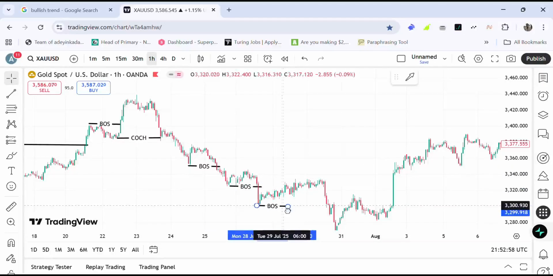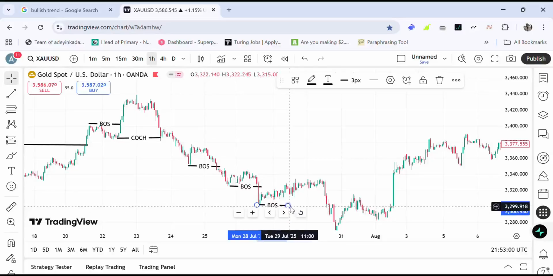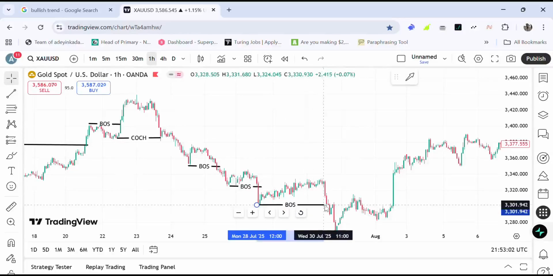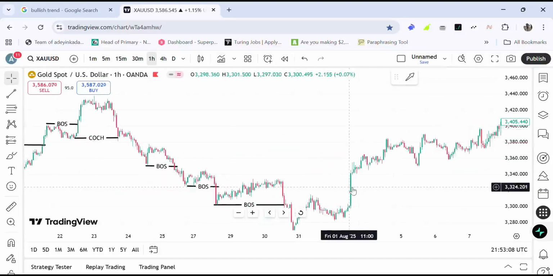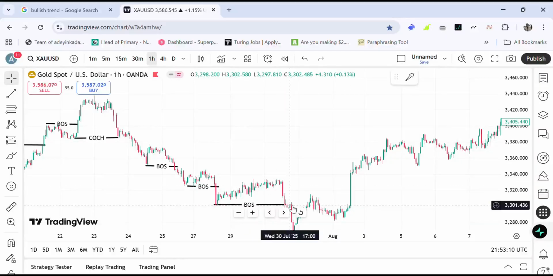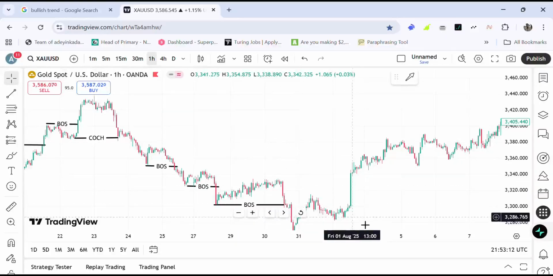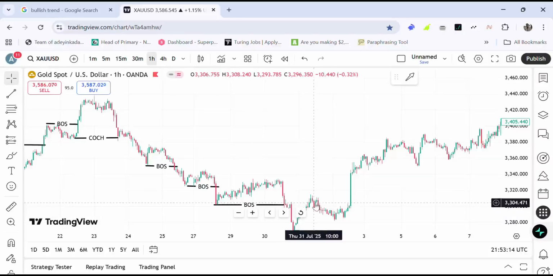We are not doing proper trading here, just trying to understand how the market moves, the structure of the market, that's all. So now at this point, I have another break of structure to the downside here. We expect the market to come here again, just as it has, and then continue pushing to the downside.